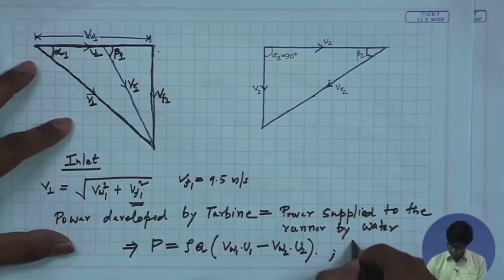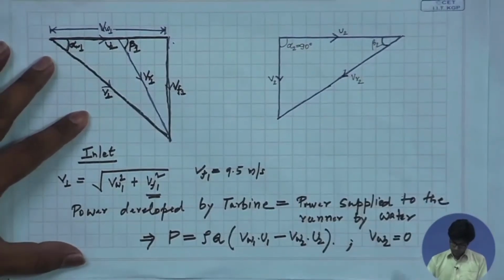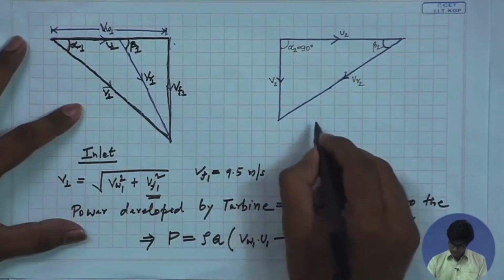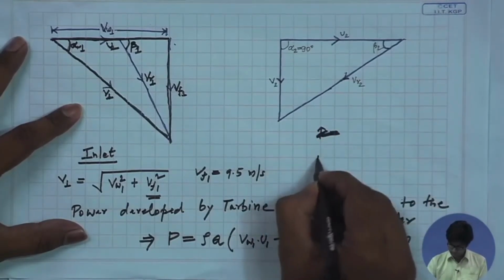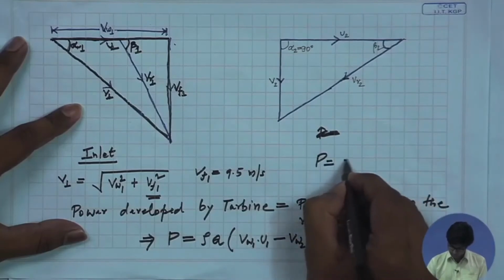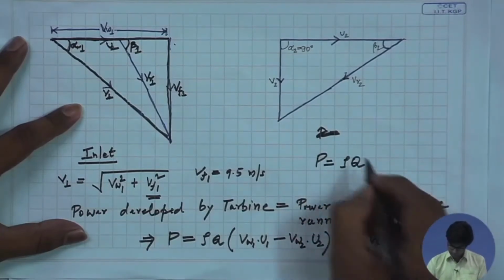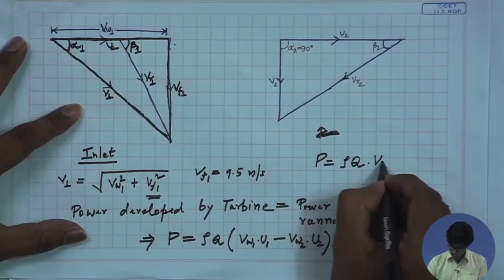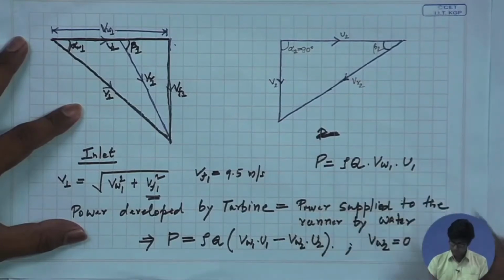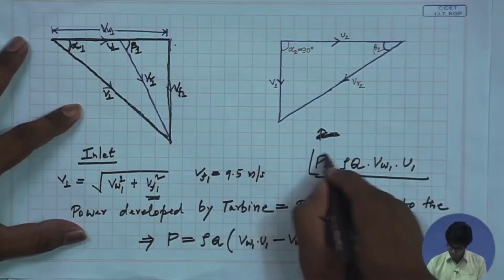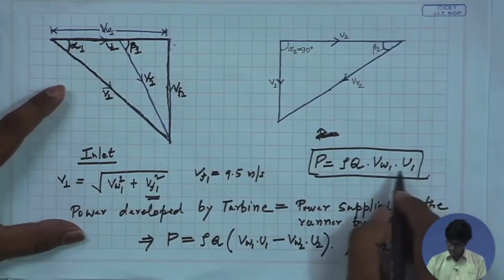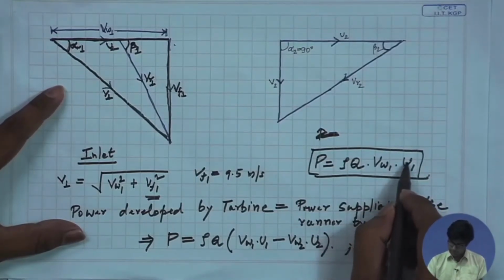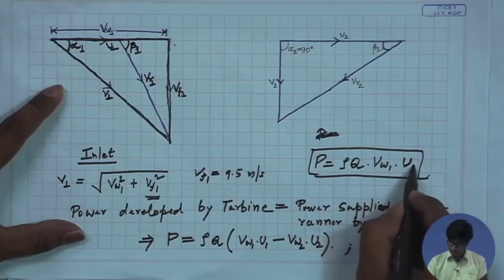So we are left with P equal to rho Q V W1 U1. Now in this relationship, the only unknown right now is the peripheral velocity of the runner blade at inlet, that is U1.